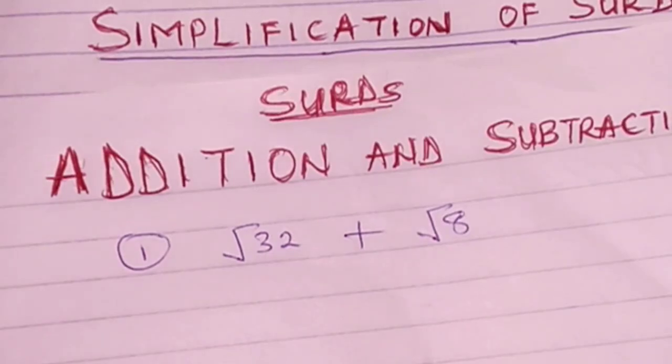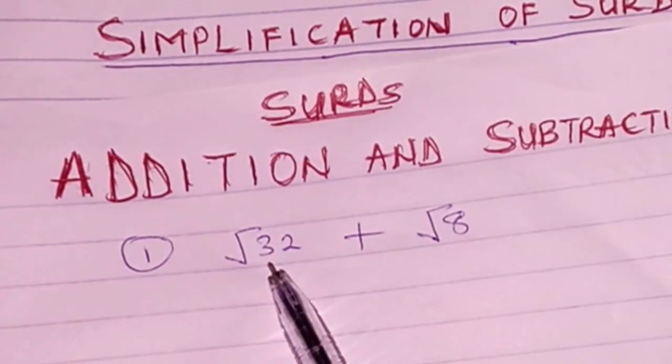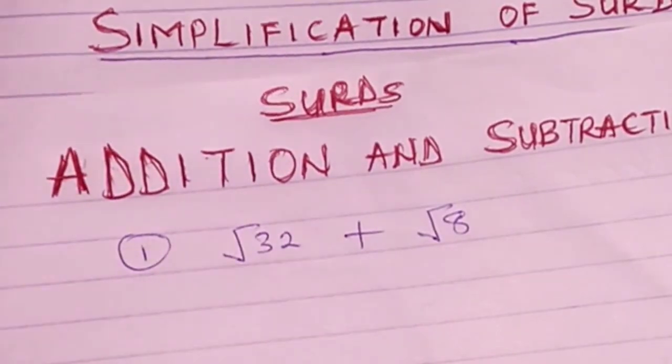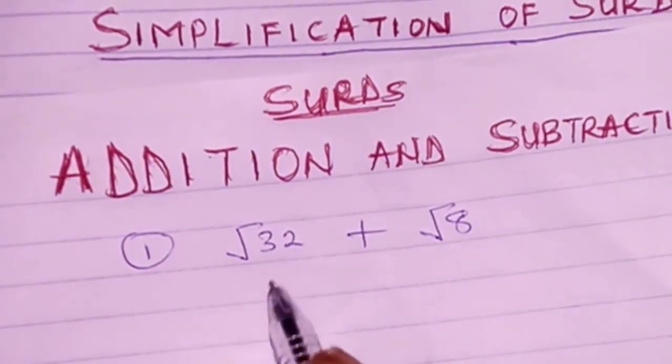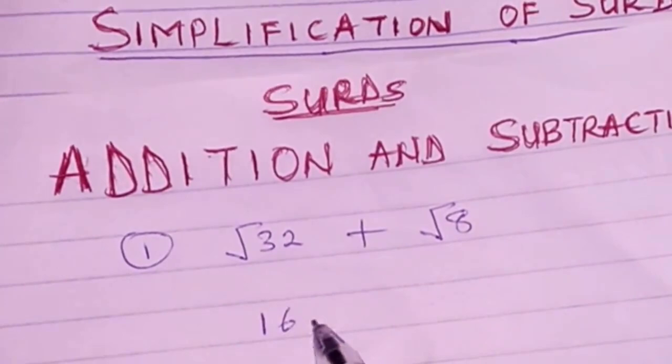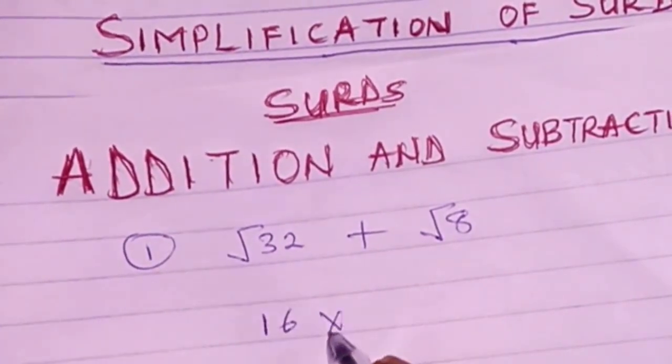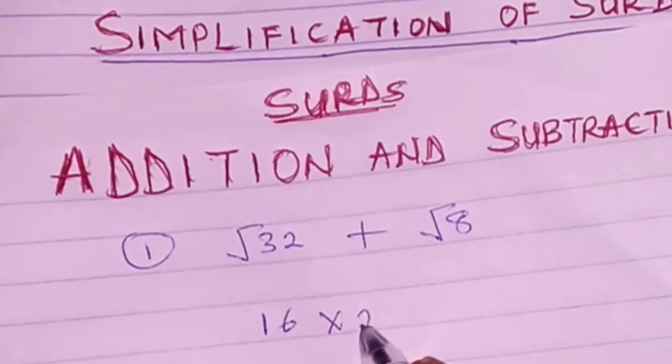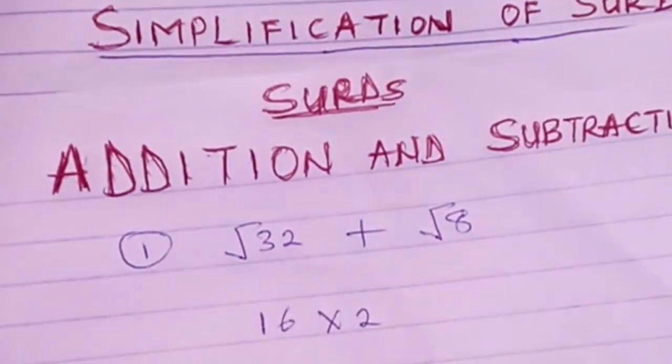Which perfect square can I multiply with another number that will give me 32? Let's go with 16. 16 times 2 will give me 32.